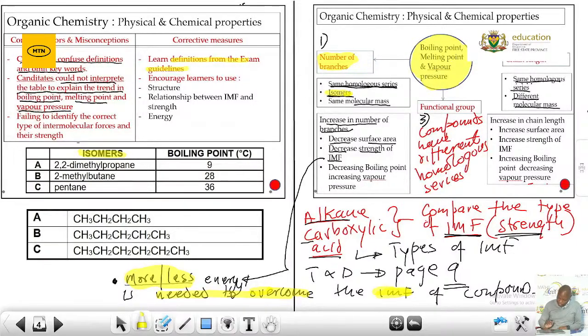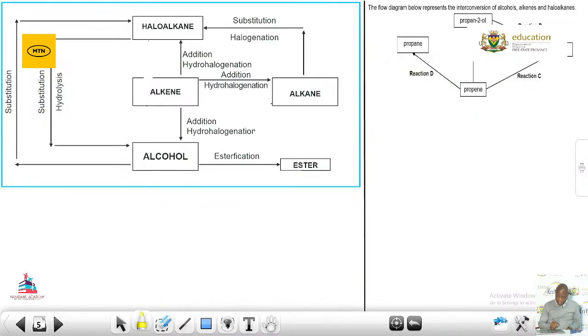I hope I tried now to explain in detail for you to understand what is it that you need to look for once you get into that examination. The last one here under organic chemistry is organic reactions, and organic reactions are also very, very important.